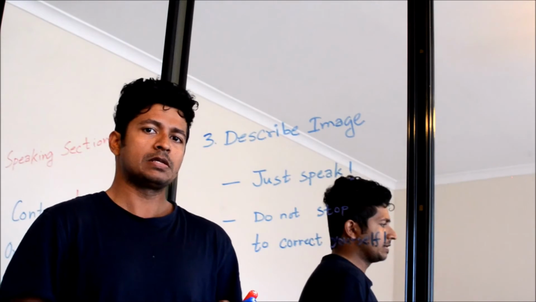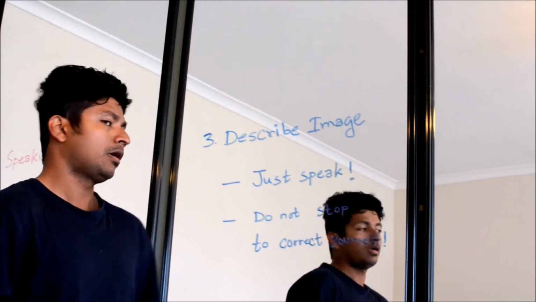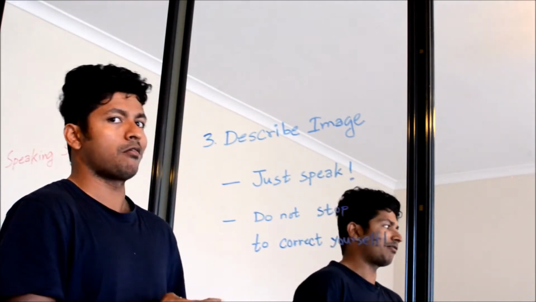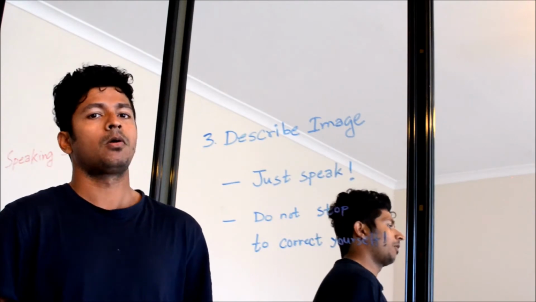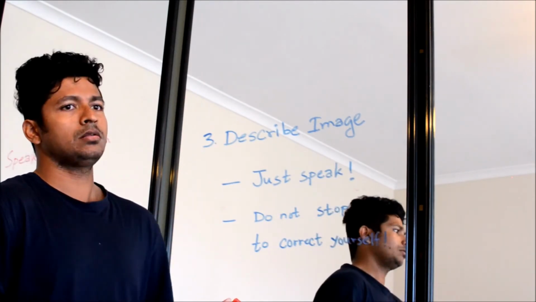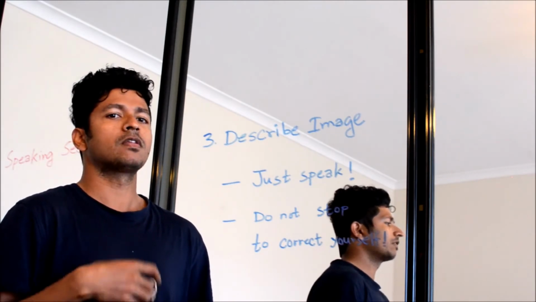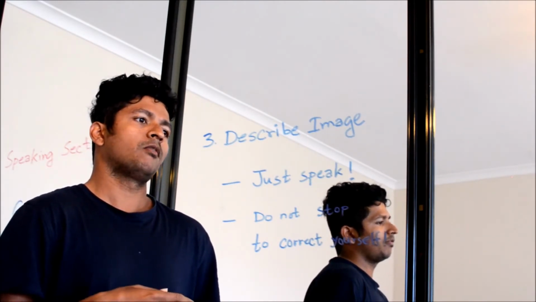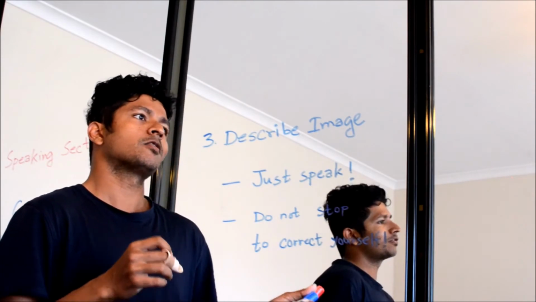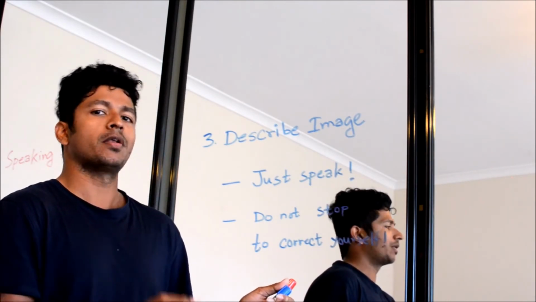The third part is describe image, and it was the hardest part for me so far. In this section you will see an image, a graph or something, and then you have to describe it. What I used to do is try to be as accurate as possible.